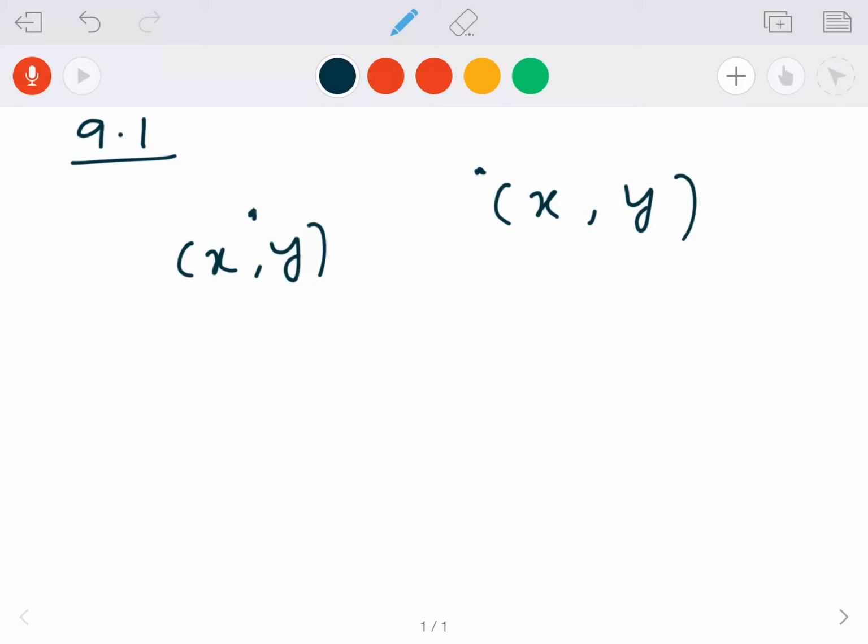Since these are two different points, just to make it different, let's say this is x1, y1 and x2, y2. So we need to find the distance between these 2 points.